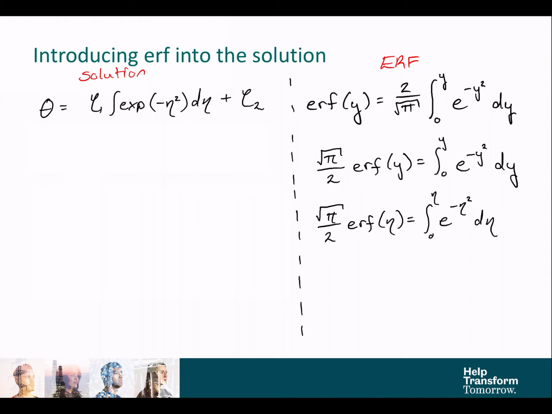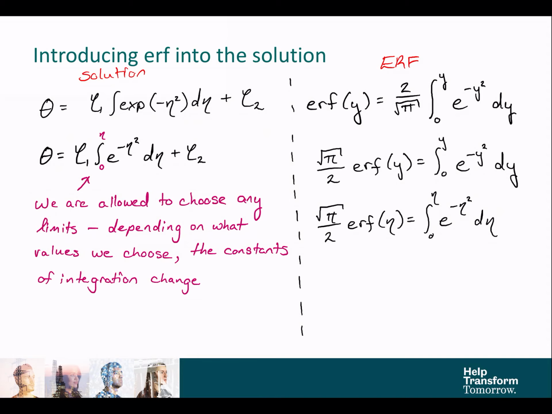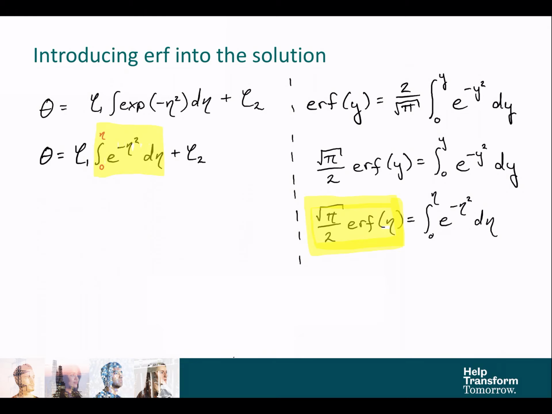And then on the solution side, we're going to choose limits of integration between 0 and eta, and we're allowed to do this. The reason is whatever limits of integration we choose, that constant of integration C1 will adjust accordingly so that the particular solution will always be the same. So in this case, we're choosing those limits of integration so that we can get a good match between our error function definition and our unanalytic integral.